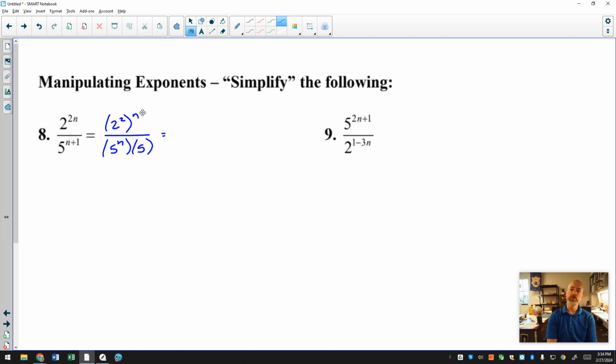Then 2 squared is 4, so that is 4 to the n over 5 to the n times 5, and that can be rewritten as 1/5 times (4/5) to the n.